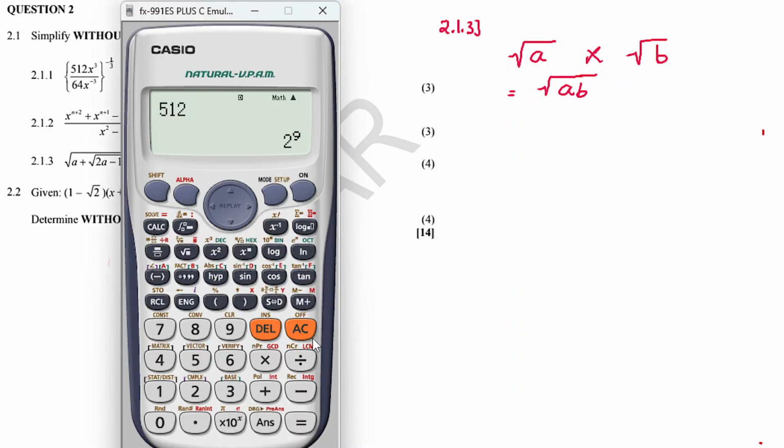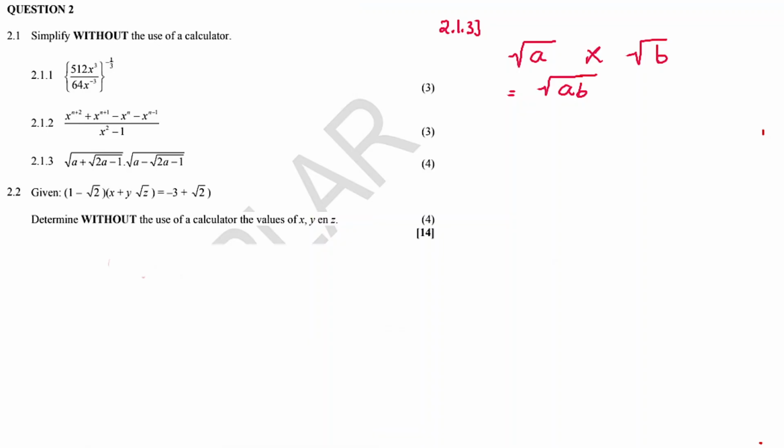Let me confirm. Square root 2 times square root 3 is equal to square root 6, because we take 2 times 3, we get 6, then we put that 6 under a square root. Under a square root. So here we do the same thing. It's basically the same idea.